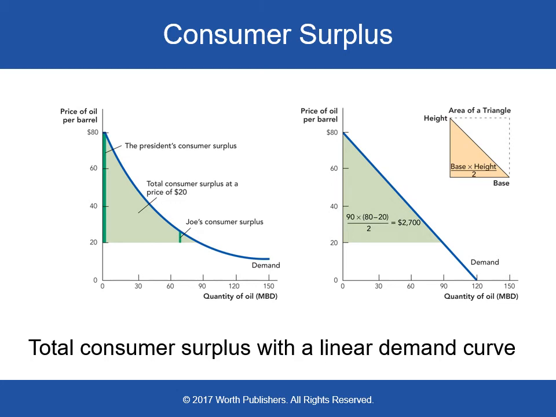That gives you 60. So in the equation you see 80 minus 20, that's 60. And the horizontal distance is 90. That's where the 90 comes from. But to get the total area, you also have to divide by 2 because this is a triangle. So the formula is half base times height, and the total amount of consumer surplus in society, given $20 is the market price for oil, is $2,700.